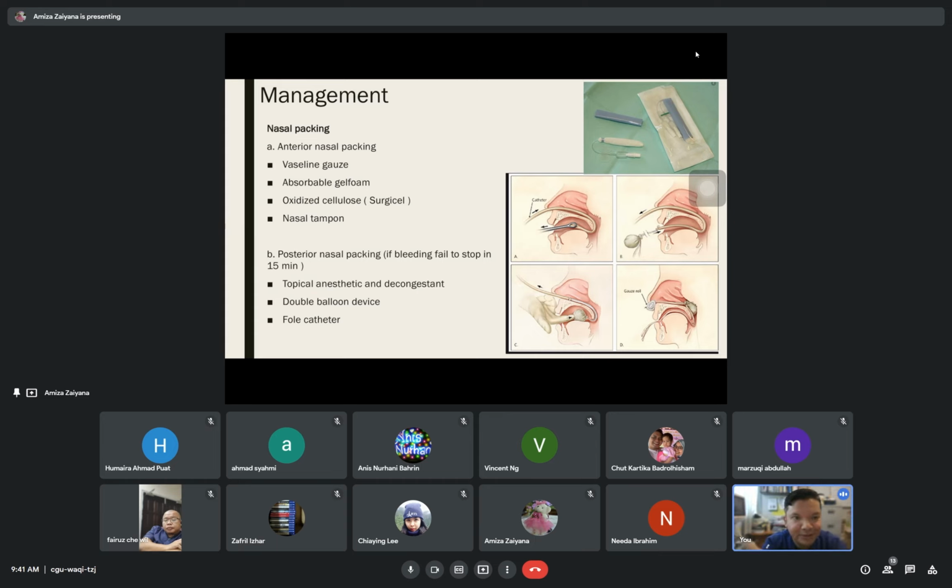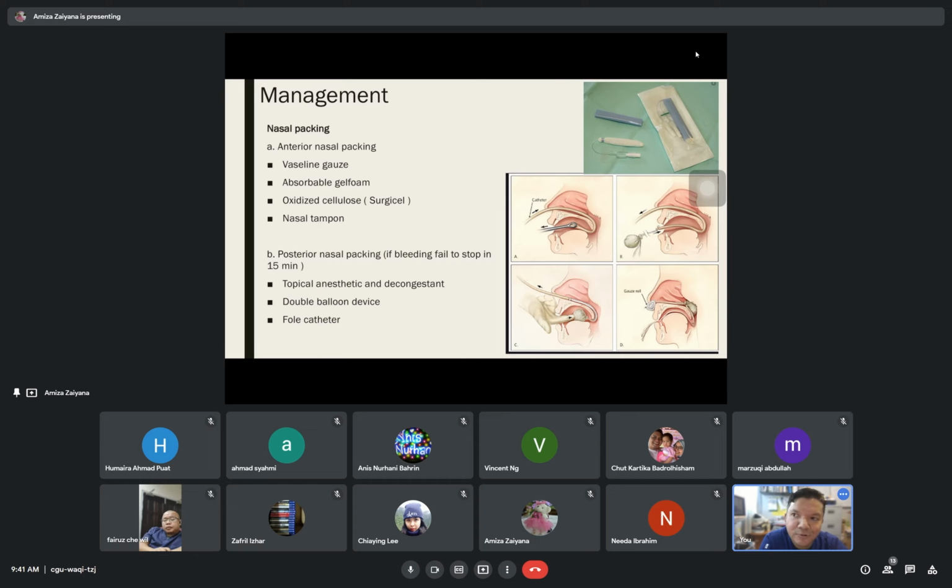So this one, if you see your photo, it has some cuff there. You put it in the nose, then after that you have to inflate it. So it will have a tamponade effect, it will stop the bleeding. It comes in various sizes. For anterior packing only, the size is small, about 5 to 7 cm.